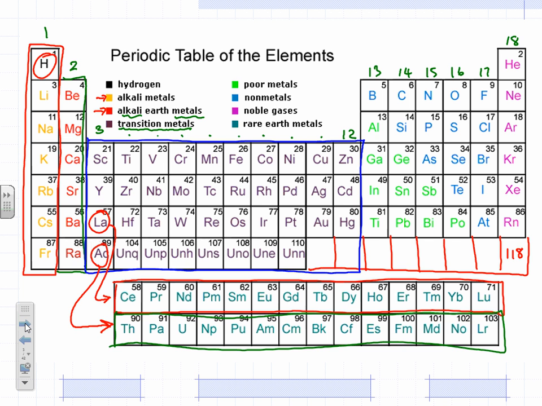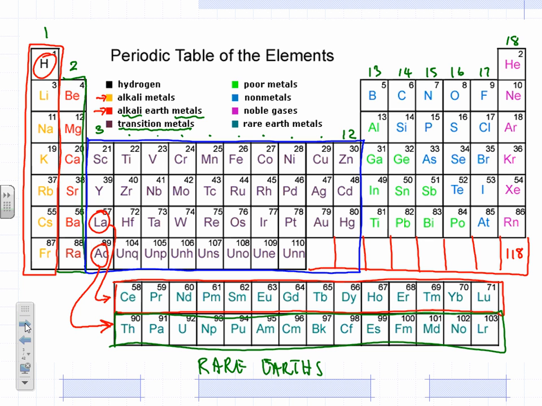Now, these two groups are a particularly important group of elements currently. They're referred to as the rare earths, and are very precious semiconductor metals and or radioactive metals that are used extensively in modern technology.